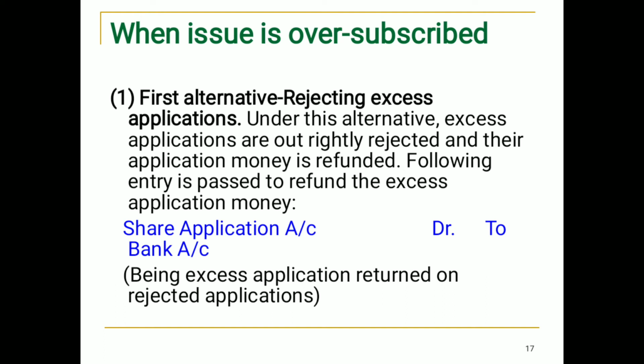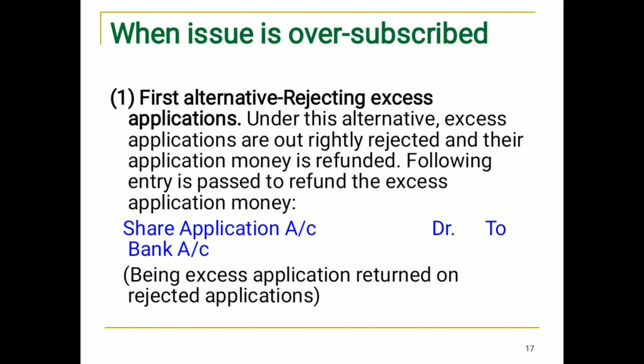So what to do with those extra 10,000? I mean, the company has issued 30,000 shares on the basis of the requirement. Yes, but the applications are received for 40,000. Yes, this is the case reverse to the previous one.